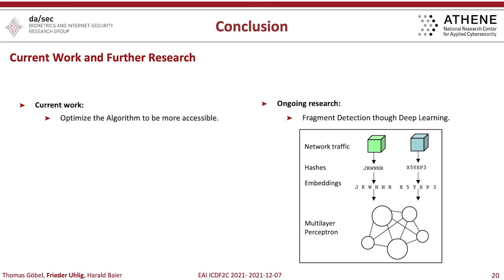So our current work and further research: we're currently working on ways to optimize the algorithm, to make it a bit more accessible, and to look into ways to make setup data correlation a bit more reliable. And one of the ongoing research areas that we are currently focusing on, which is very exciting, is that we see these hashes as a natural language problem.